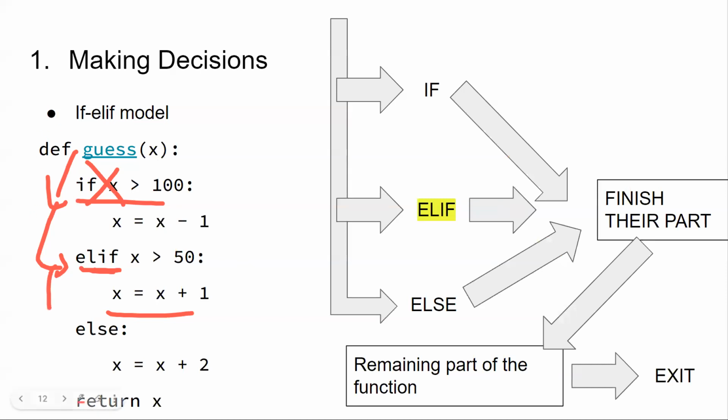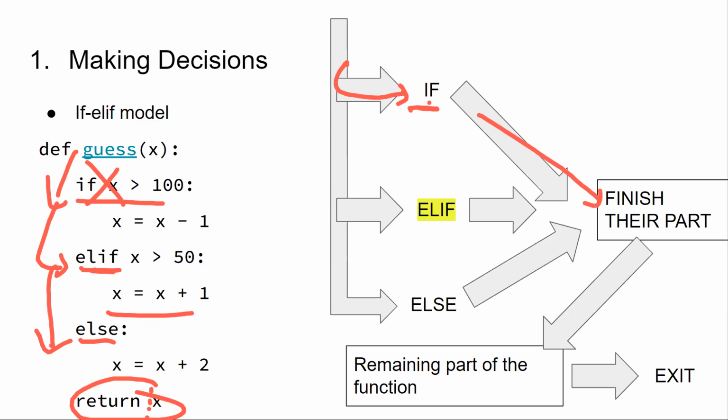But notice that when I run the else, I do not exit the function, because I did not hit the return statement or go to the end of the function. Which means I'm still running the rest until I hit the return statement. So the model is like, I hit this, I finish the part of the if statement, and then I go to the remaining part of the function.